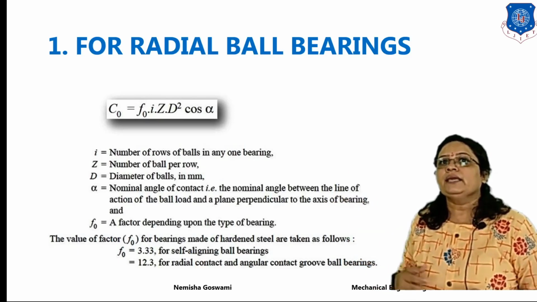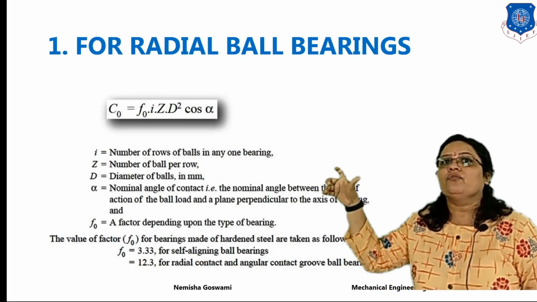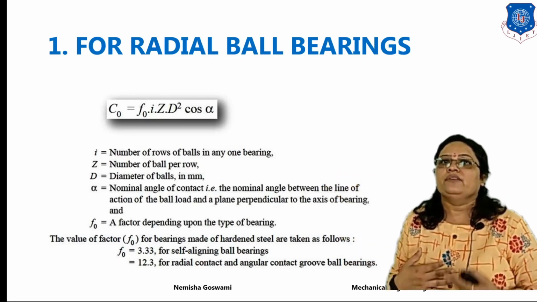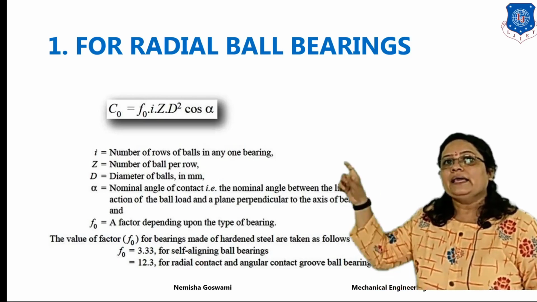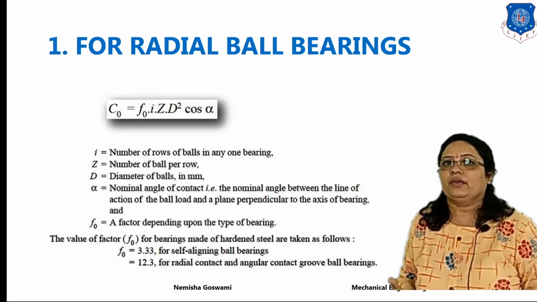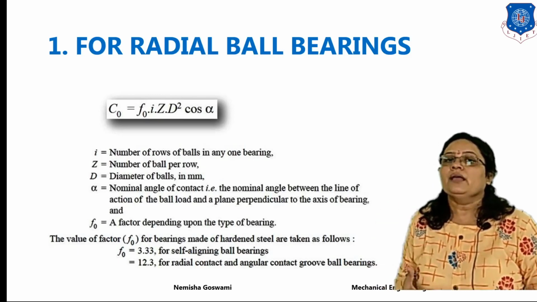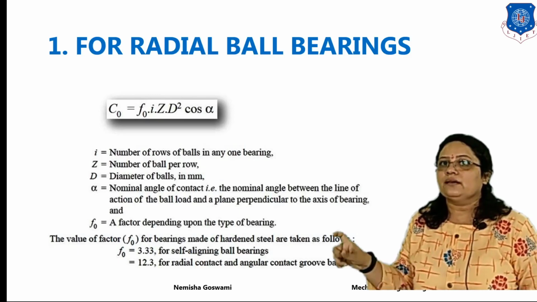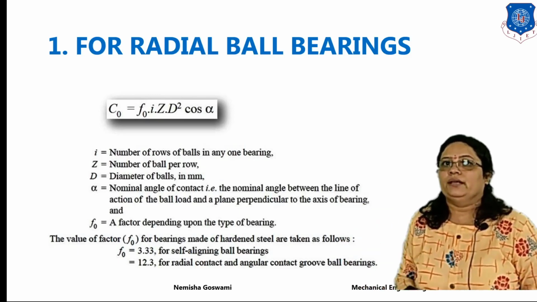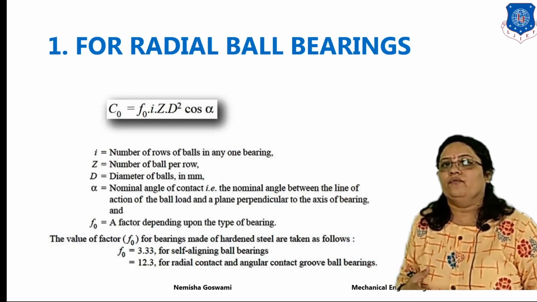First of all, F0 is a factor which depends on which type of bearing we are using. i is the number of rows of balls in one bearing. We have seen in the classification of bearings that there is a single row ball bearing and there may be a double row ball bearing, so i indicates the number of rows of balls.